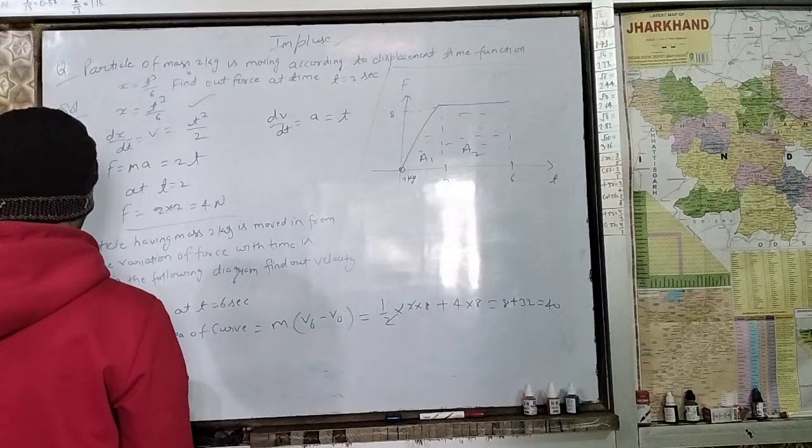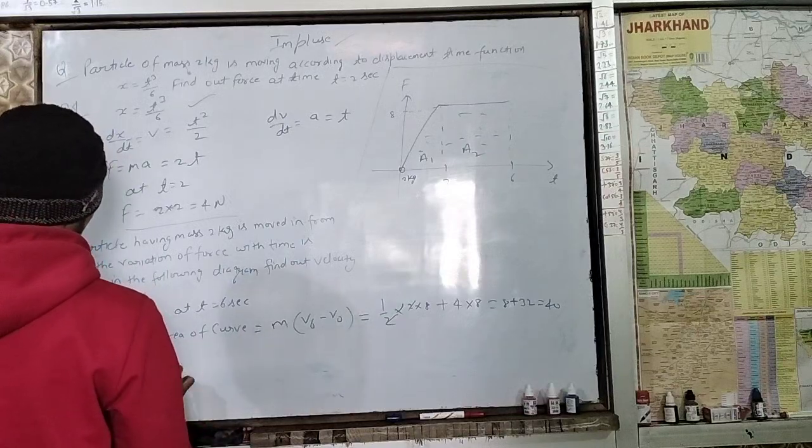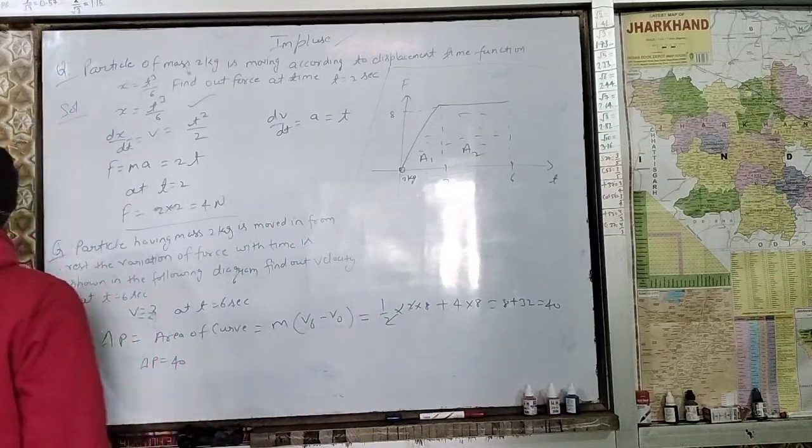This is the delta p value, which is equal to 40.